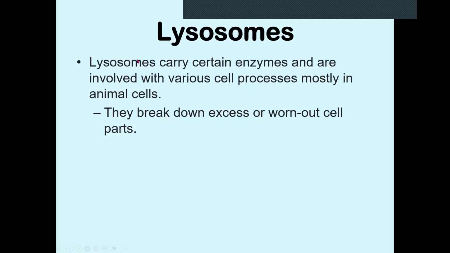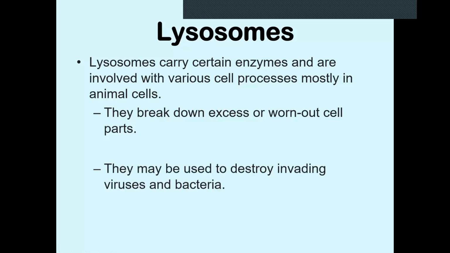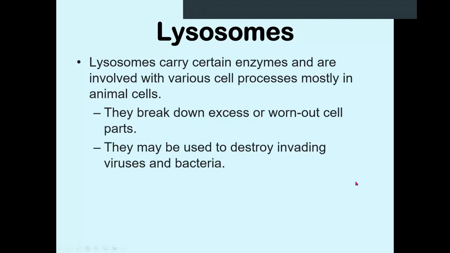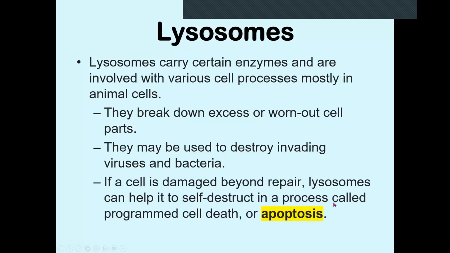These lysosomes pick out worn out cells, or cells in areas where too many cells have been produced. They break them down and their material gets recycled. They may be used to destroy viruses and bacteria. If a cell is damaged, the lysosomes will help it self-destruct.